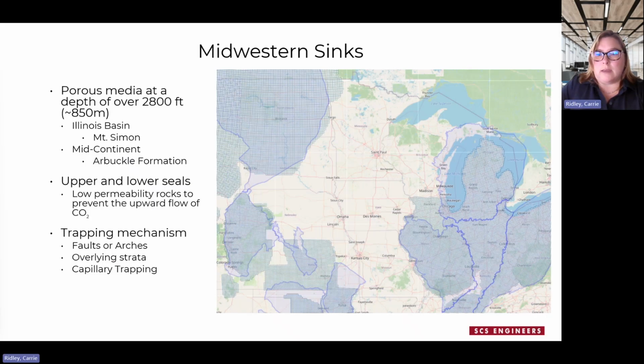And as we can see here, the sink locations don't generally align with many of the major metros in the area. In the Midwest, the Michigan Basin and Illinois Basin and the mid-continent are suitable for CO2 storage, with those areas currently having permits submitted to EPA, and many additional projects are being announced and developed.